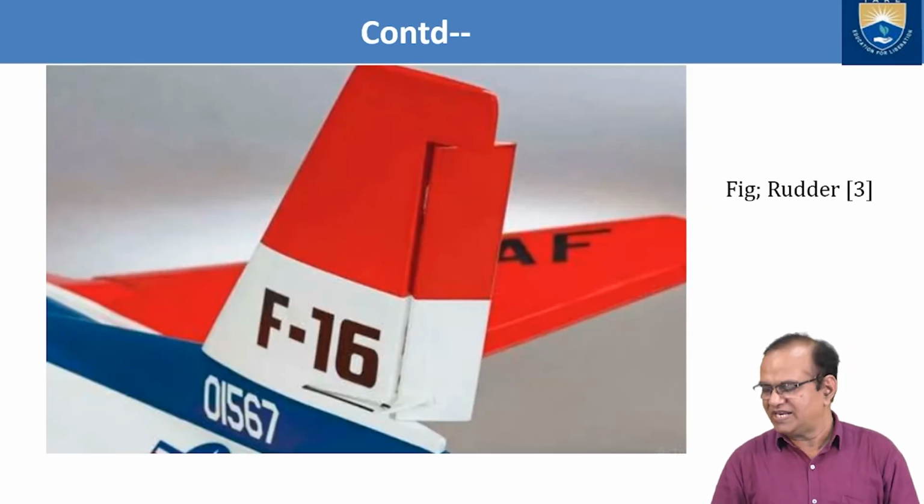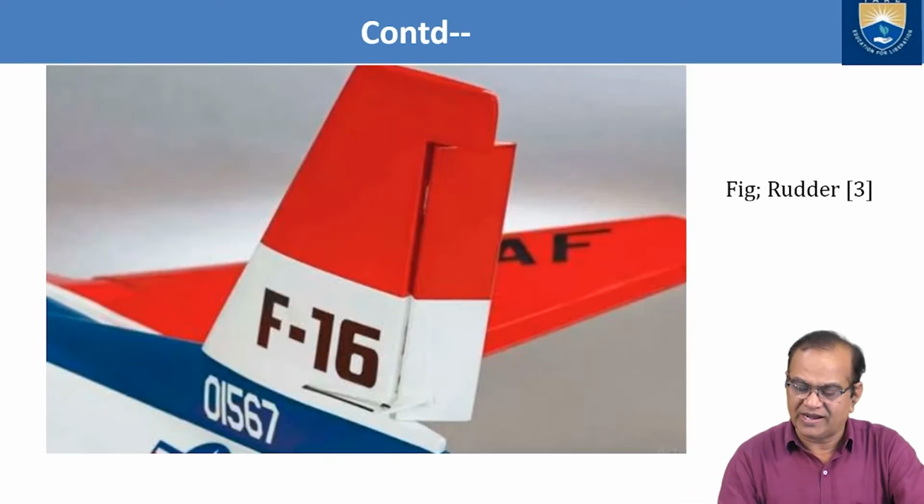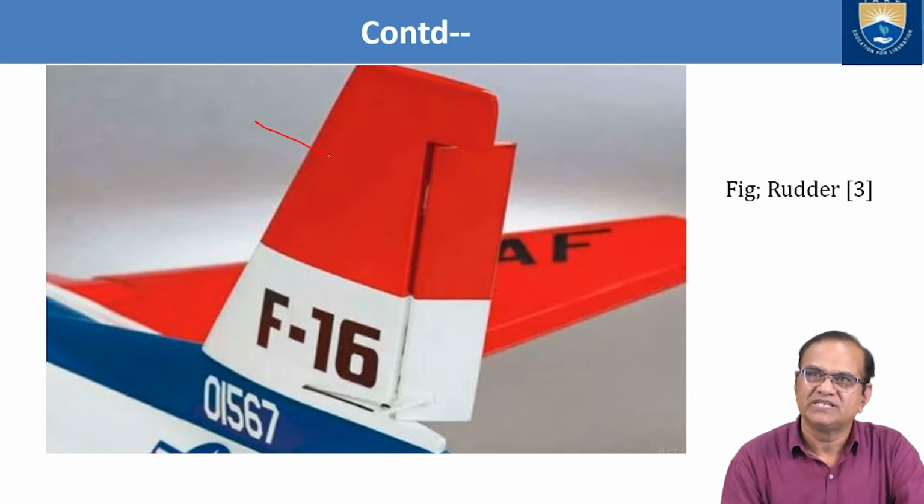Here I am depicting in this diagram, the rudder is clearly visible. This is the vertical tail, also called the fin.